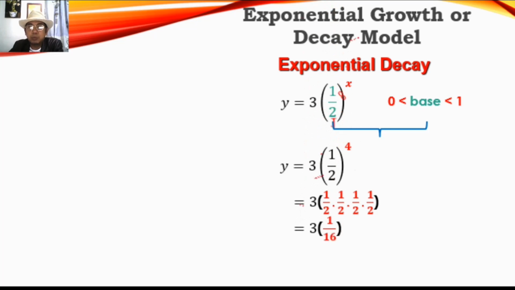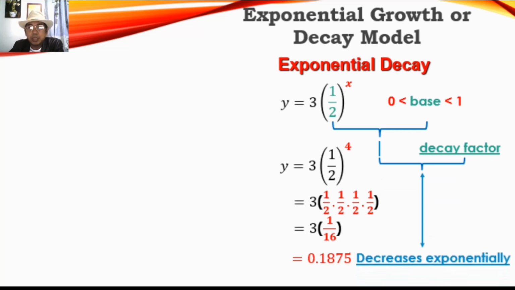It will give you a result of 0.1875. You will notice now that there is the decay of the exponential function, meaning there is a decrease of the computation, or shall we say, an exponential decrease of the computation.